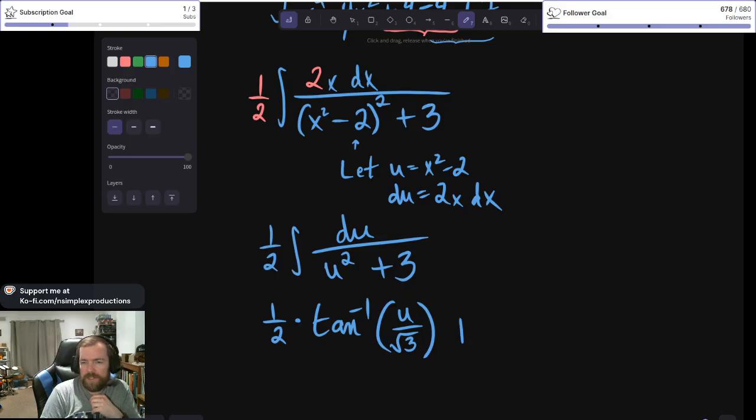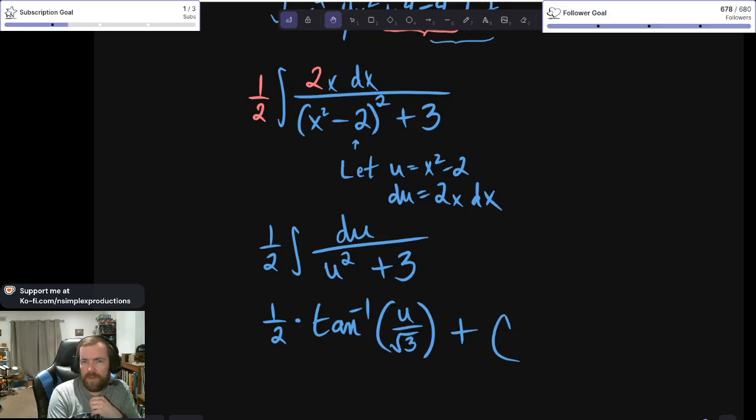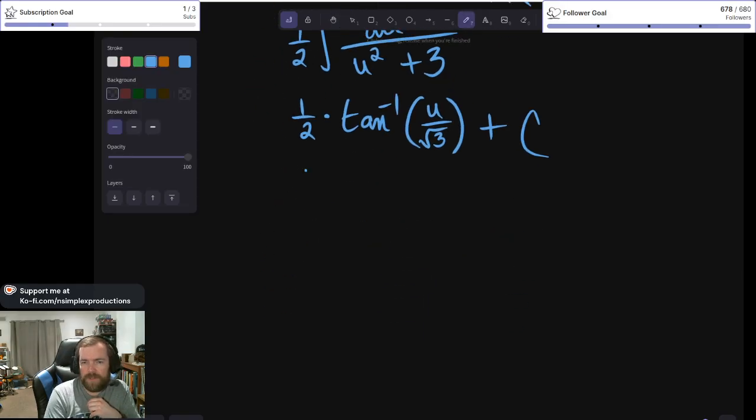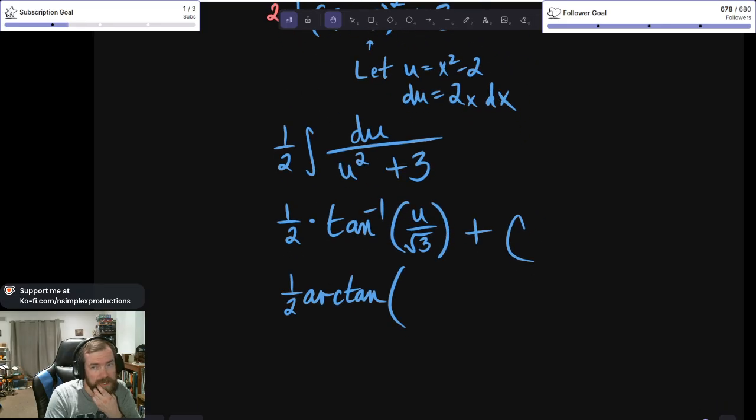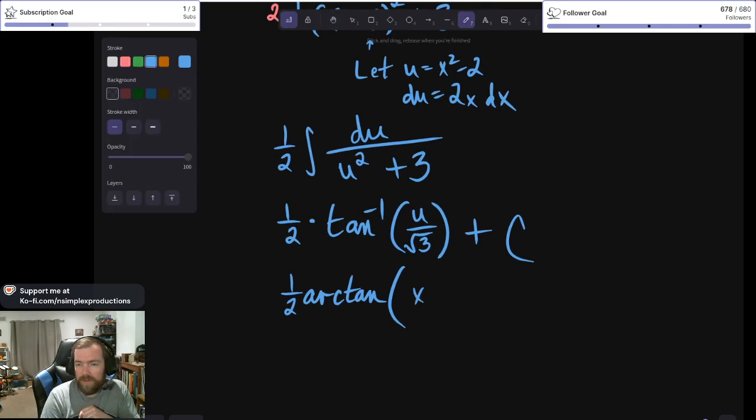Okay, and plus c. So in this particular case, we end up with 1/2 arctan of u, where u is equal to x squared minus 2, all divided by the square root of 3, plus c.